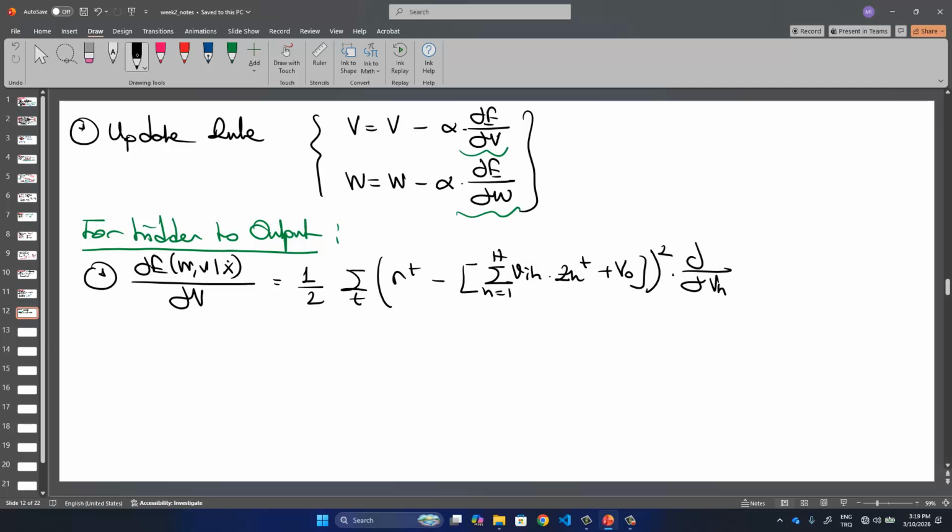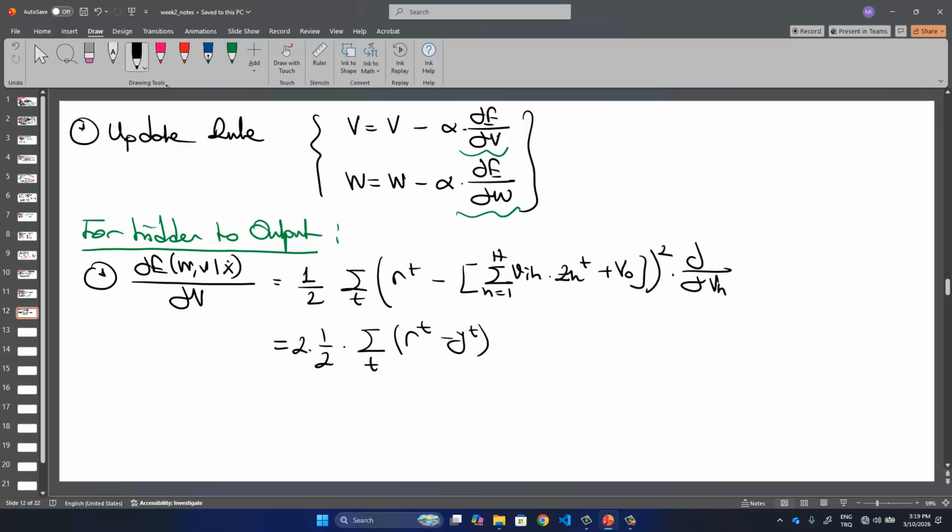Okay, if you take the derivative of these terms, firstly just see that the first term, this 2 is coming to the front, and so 2 times 1 divided by 2, right? And the summation operator which is given in here, and so v_h, the total term must be transferred into this one, r^t minus y^t.